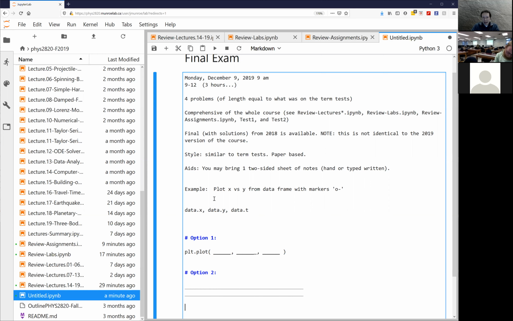Okay, is there anything else? I've got some ideas for this final exam, but I haven't created it yet. Is there anything that you are hoping to not see? Is there any type of question I asked on a previous term test that you're like, please do not do that to us because that's horrible?